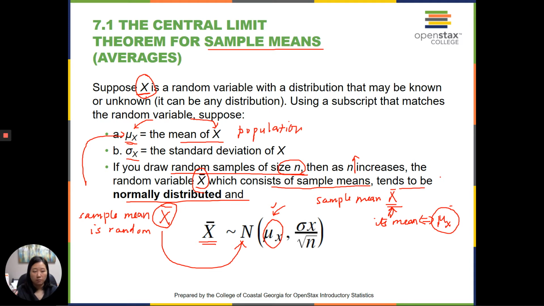We can just take a big enough sample, calculate that sample mean, and that will get us to the mu x. So what is the sample mean's standard deviation? Well, that will be the population standard deviation divided by the square root of n.